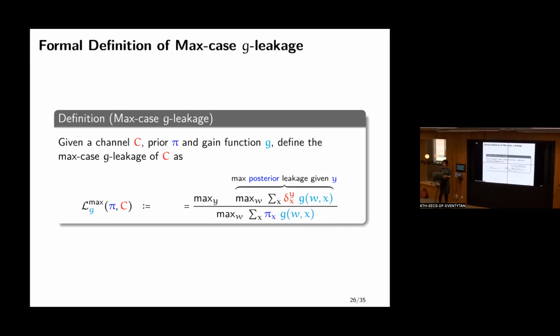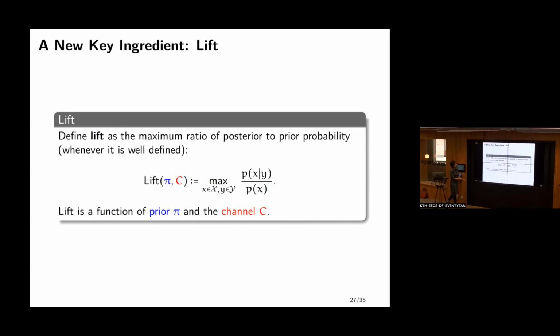One of our first results is as follows, trying to link this to a very important notion, both in learning and in information theory, which some people know as lift, and I have defined it here. Lift is nothing but the maximum value of the ratio of the posterior probability of X after observation of Y to the prior probability.